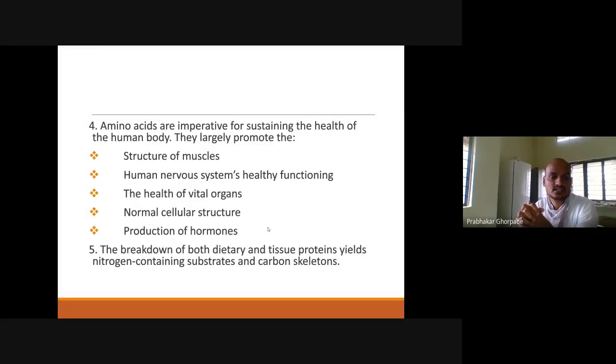Normal cellular structure maintenance requires these amino acids. Production of hormones requires these amino acids. The breakdown of both dietary and tissue proteins yields nitrogen-containing substrate and the carbon skeleton. Okay. If you break down dietary and tissue proteins, we will get the nitrogen-containing substrate and the carbon skeleton.